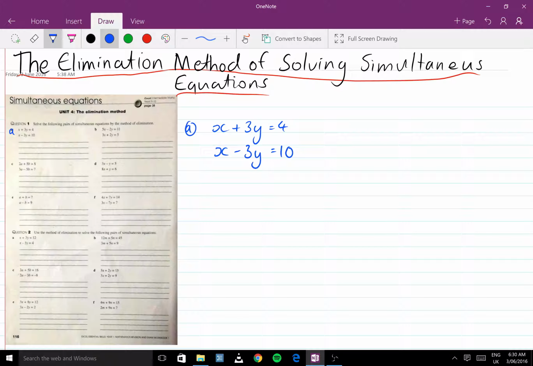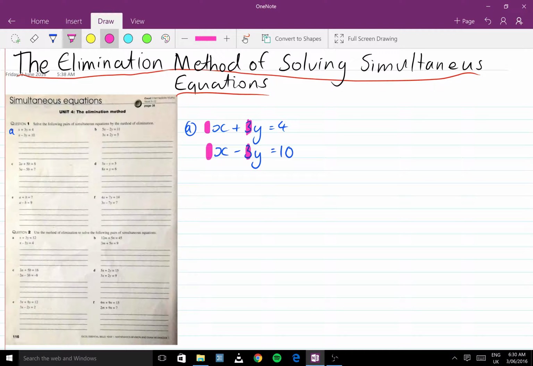Now when I look at using the elimination method of solving these equations, what I'm looking for is two letters that have the same coefficient. And here they both do. There's a 1 in front of the x, like not really, but sort of in our maths imagination, because we've just got an x, and there are 3's in front of the y. So we've really got two to pick from.